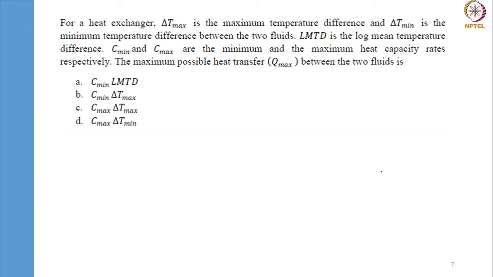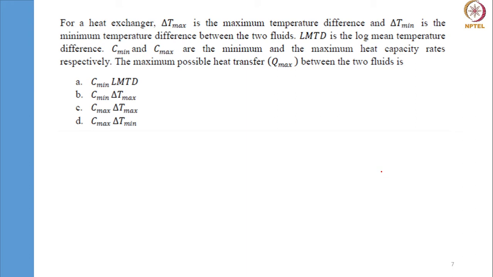Any other answers? C max delta T max, okay, C option. So we have two answers predominantly: C min into delta T max, and C max into delta T min. It could be in between C or D, not A and B.